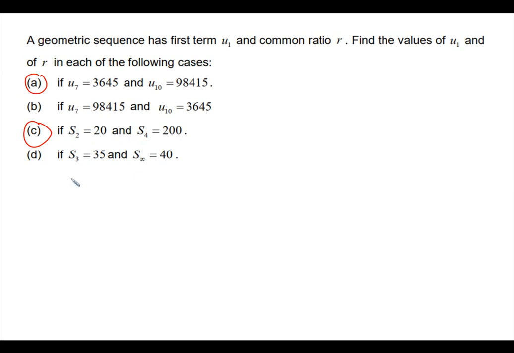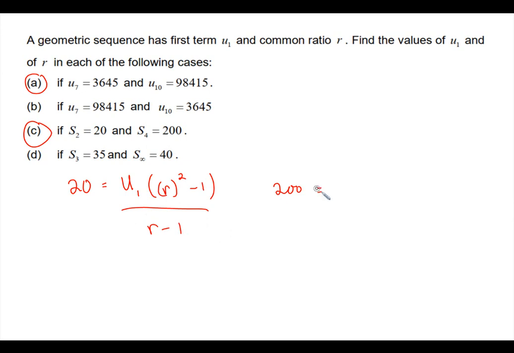So we know the sum of 2 terms, so 20 is equal to the first term, whatever that is, we don't know, times r, we don't know that either, but we know n would be 2 in this case, and then you would have r minus 1. And then the sum of 4 terms is 200.